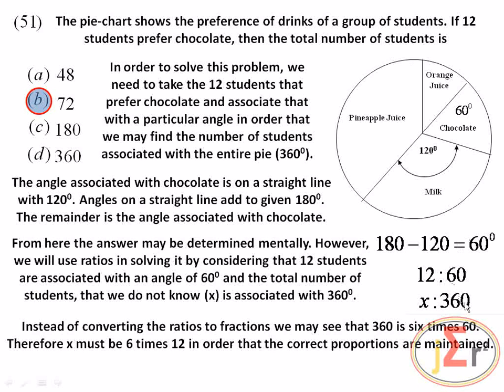So this is 6 times this, therefore this must be 6 times this. As easy as that. Therefore, x must be 6 times 12 in order that the correct proportions are maintained. The correct answer is option B.